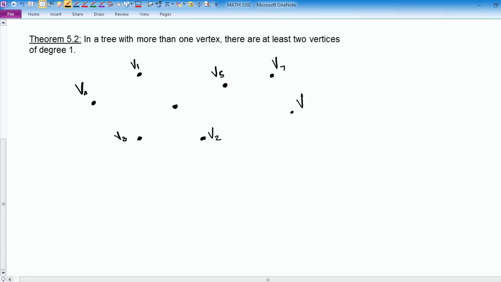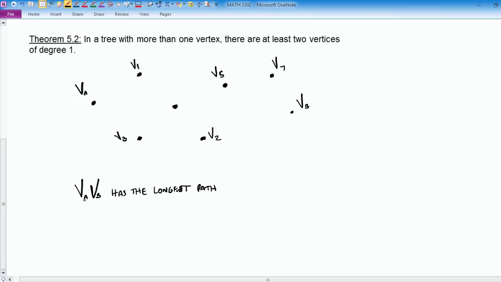Let's call the endpoints VA and VB. Let's say that VA and VB have the longest path. So we are associating each path with a pair of vertices.